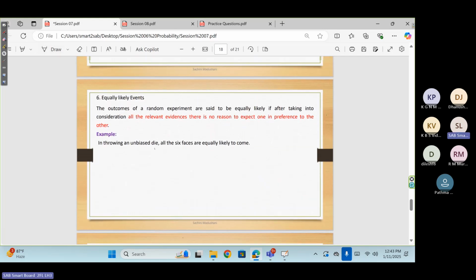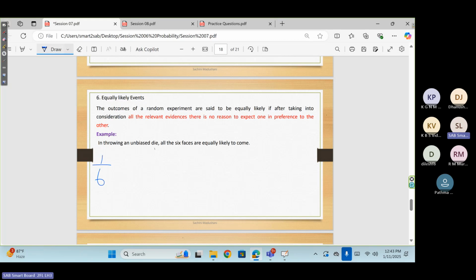The last point is equally likely events. It means the outcomes of a random experiment are said to be equally likely if, after taking into consideration all the relevant evidence, there is no reason to expect one in preference to the other. Rolling a dice, numbers 1 to 6: getting a number 1, probability is 1 over 6.